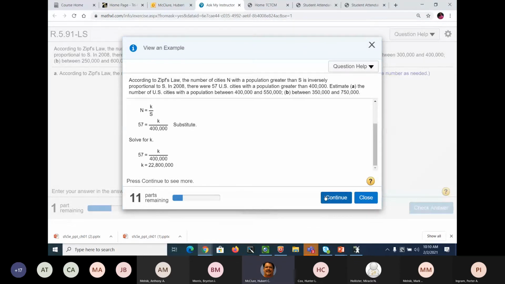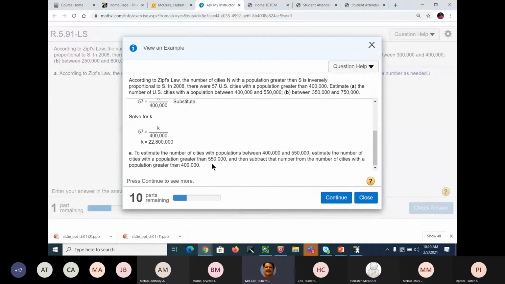We solved for K. We did that. To estimate the number of cities, estimate the number of population greater than 550,000 and subtract that number. Okay, so 52 minus 39.